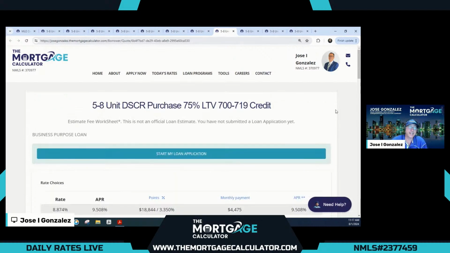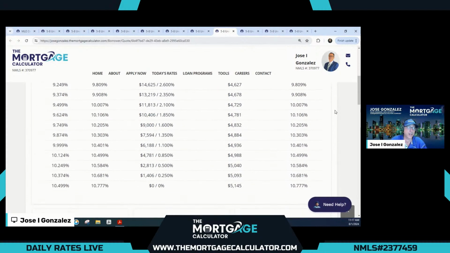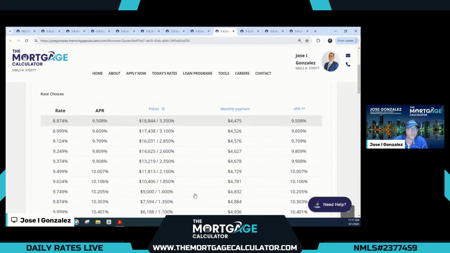And again, still at only 25% down with a 700 credit score, 700 to 719, still only 25% down, but now we do get a little increase in the rates. 10.499 is our par option, and you can buy that down to 8.874 at a cost of 3.35 points.